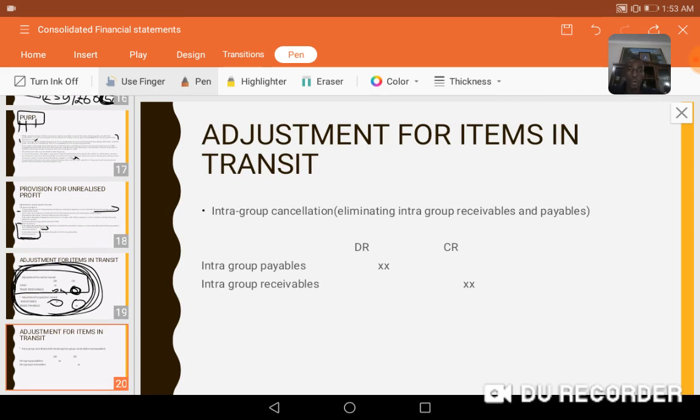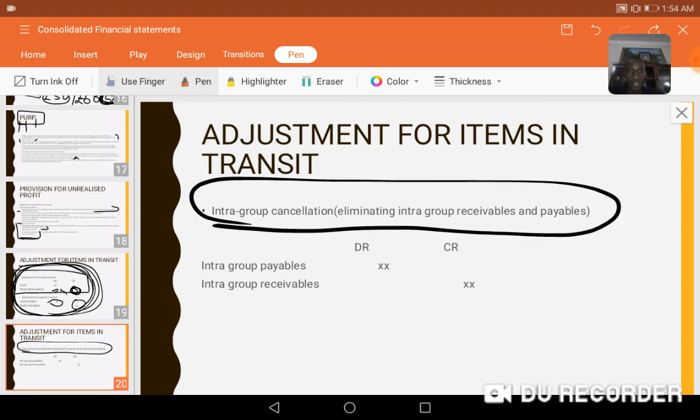Adjusting for items in transit is still the heading, but here we are cancelling intragroup transactions. How are we cancelling?